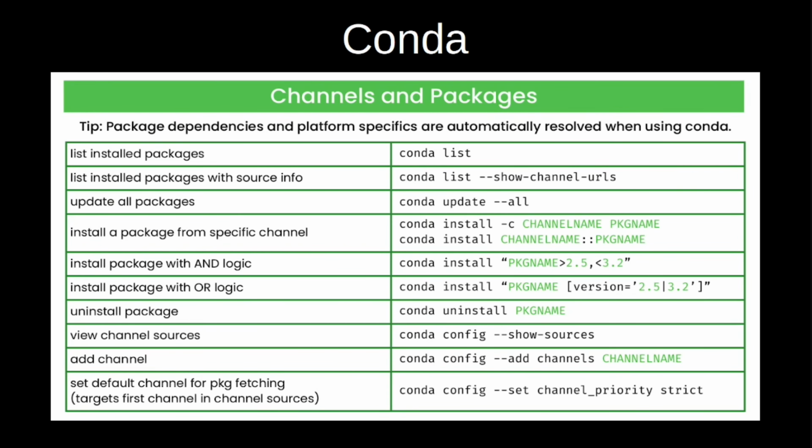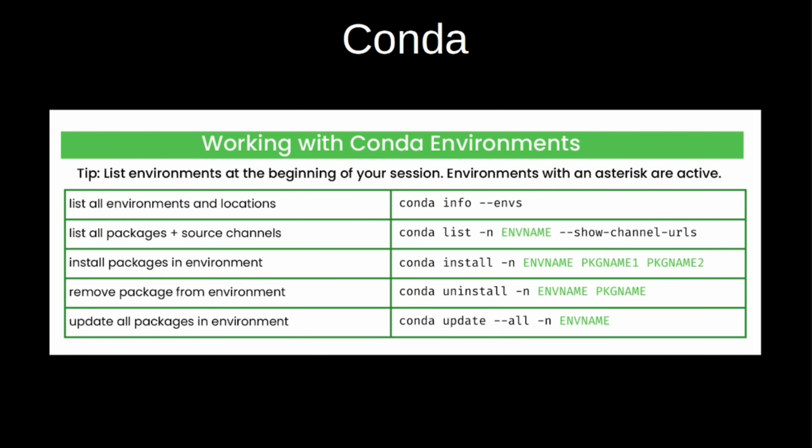Okay, so now that we have already learned how to create, activate, deactivate and remove environments, as well as how to manage packages and channels, let's proceed by learning the main commands and subcommands for managing the environments themselves. We have already learned how to create, activate, deactivate, and delete a whole environment.